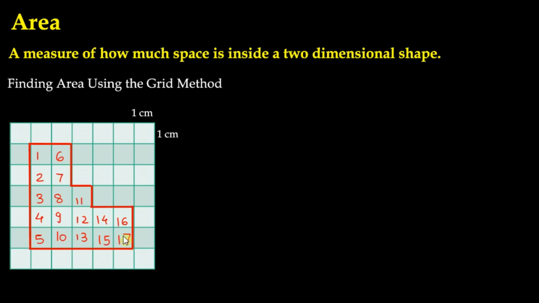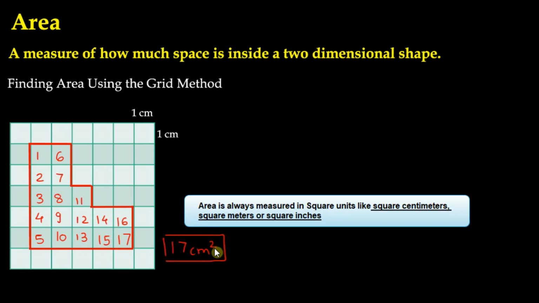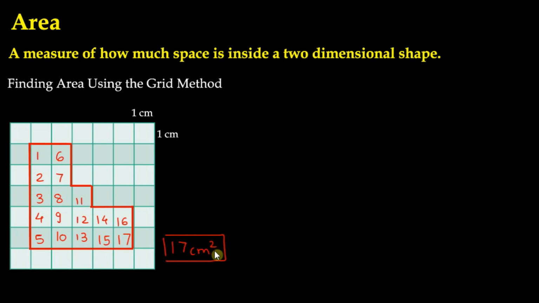Therefore, area of this shape is 17 square centimeter and we write it as 17 centimeters squared, where 2 means squared. Now area is always measured in square units like square centimeters, square meters or square inches.